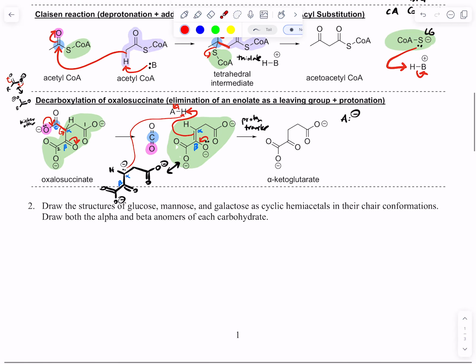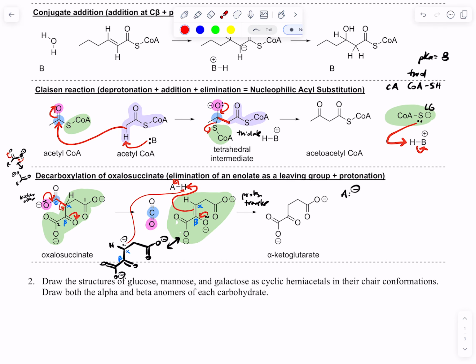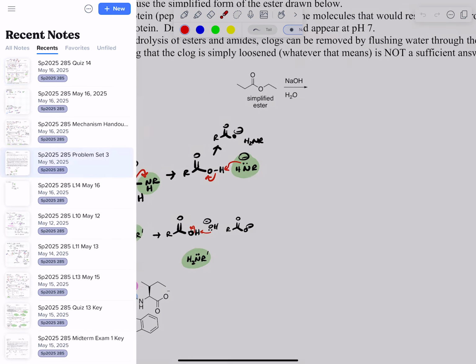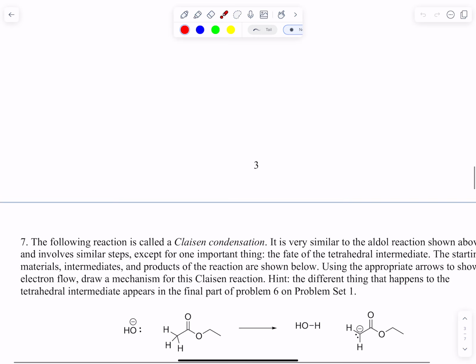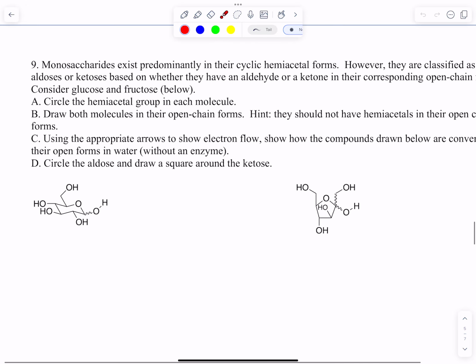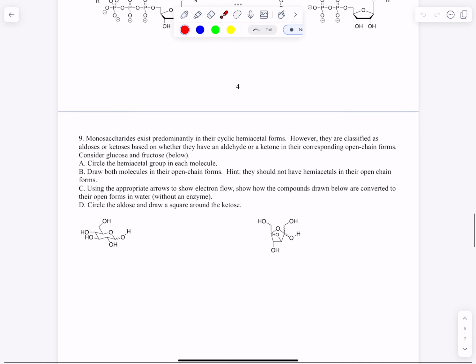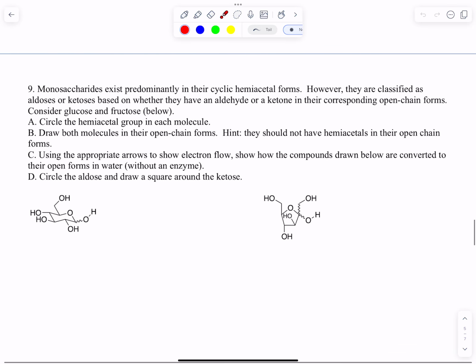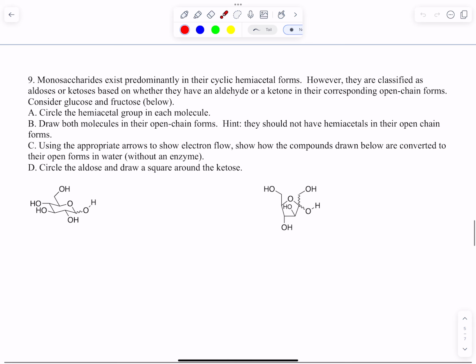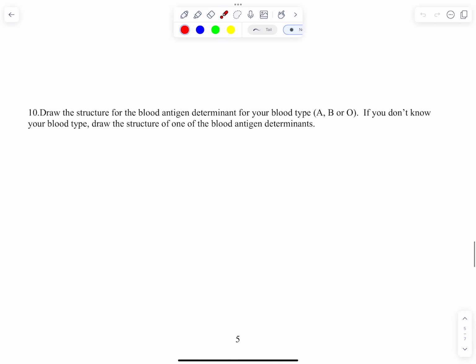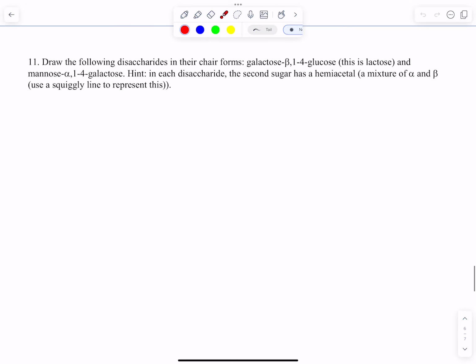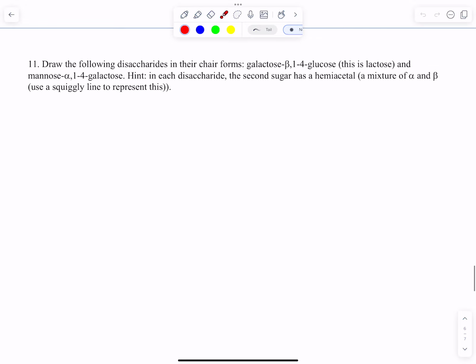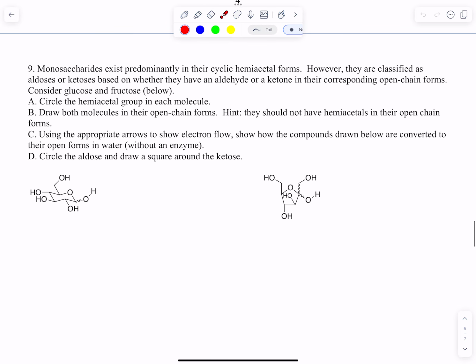Carbohydrates. All right. So there's a couple of problems on your problem set. Let's look at that problem set and see what we're going to be able to get done in the time we're together versus what you don't have to do. I think you can do 9 based on what we will do today. We're not going to get to 10 or 11. If you did them already, congratulations.